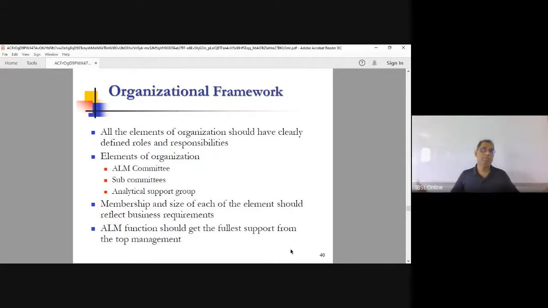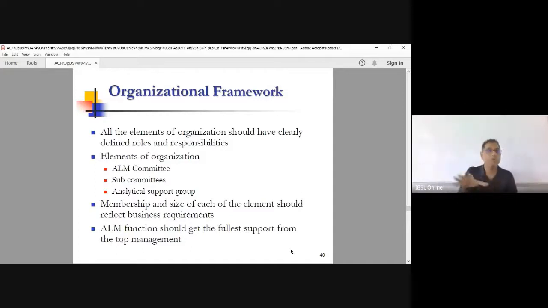But there could be different organizations that say, okay, no, we need the marketing guy to sit within ALM because he has a feel of the market itself. He might be able to say how difficult it is for us to raise deposits or lend money. In some cases, you might have the head of market sitting in on ALM, but not necessarily the individual person from the balance sheet desk sitting there in the ALM.